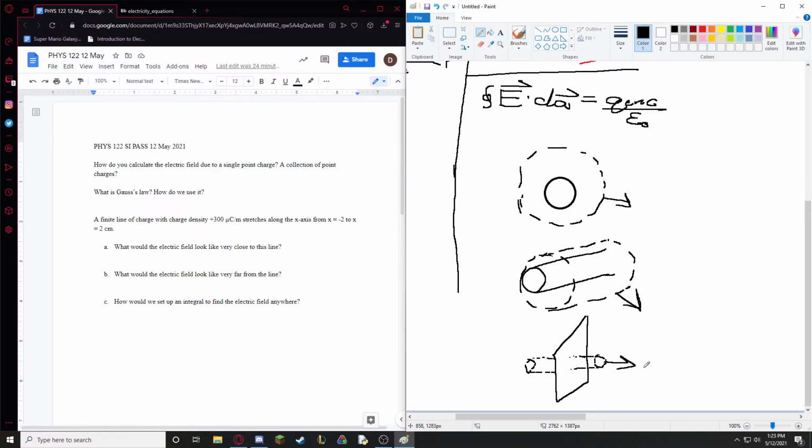So what do we actually use Gauss's law for? Find the electric flux. Do we really care about electric flux at the end of the day?